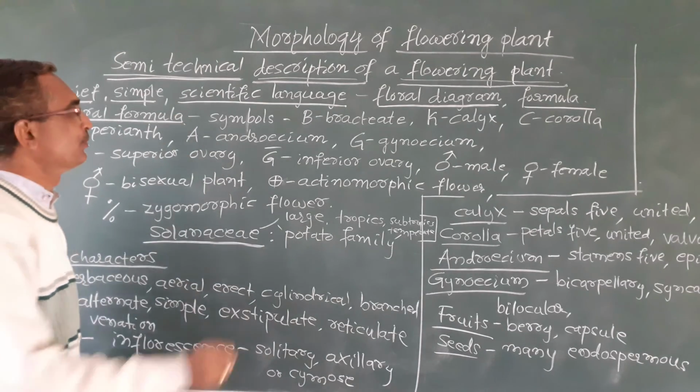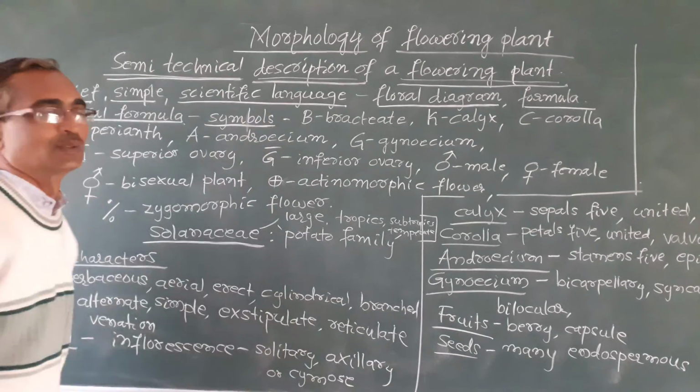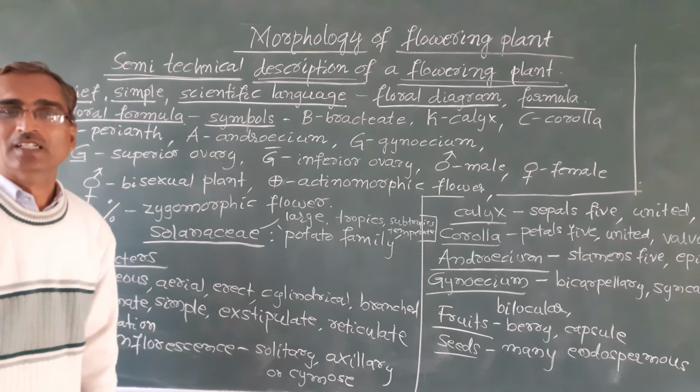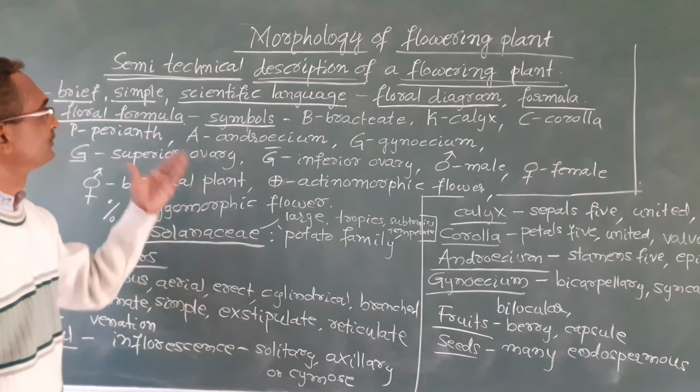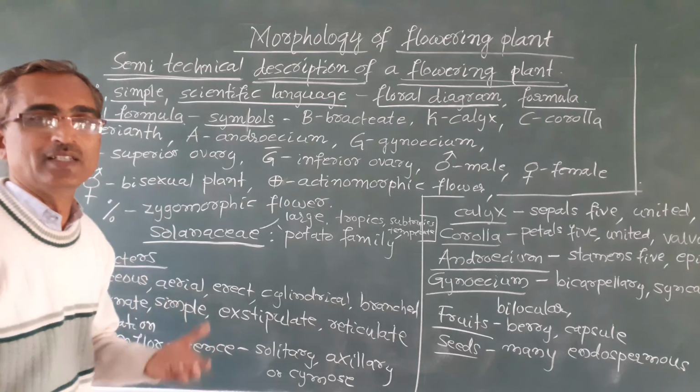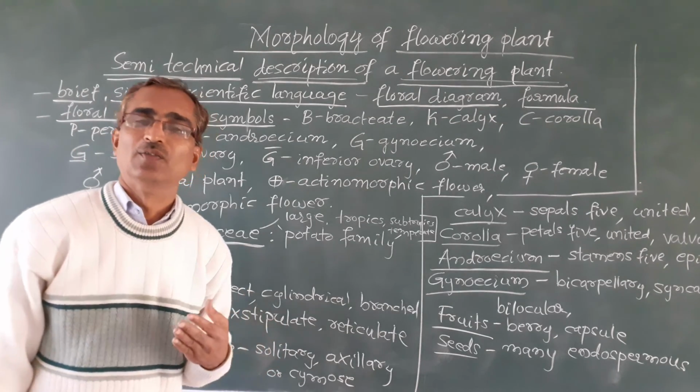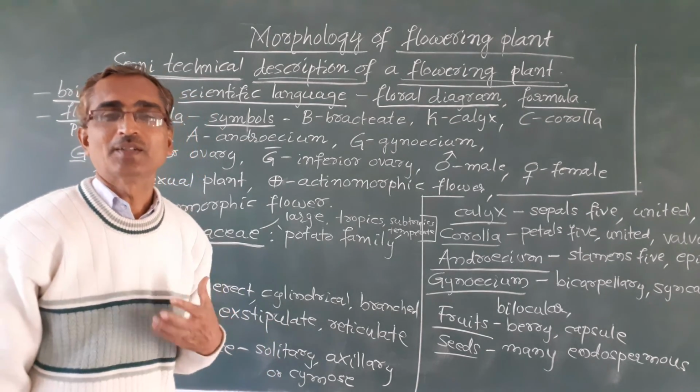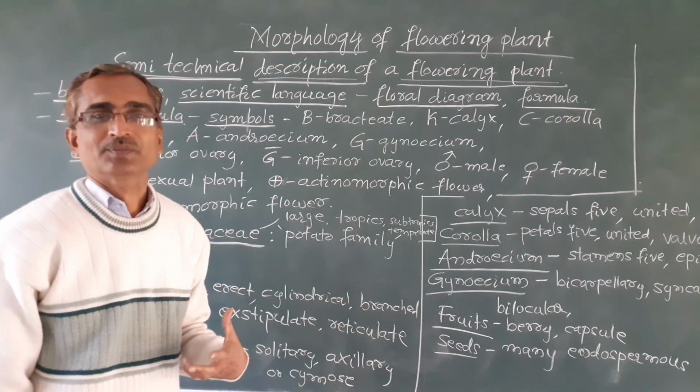Various symbols are used in the floral formula to describe the stem, leaf, and flower, so various parts of a plant.